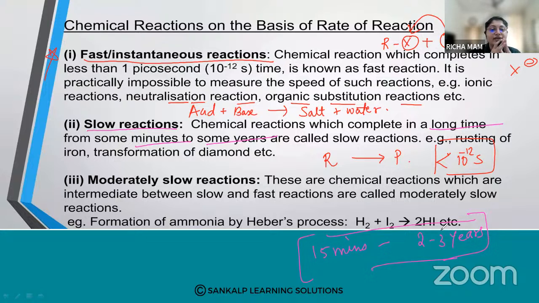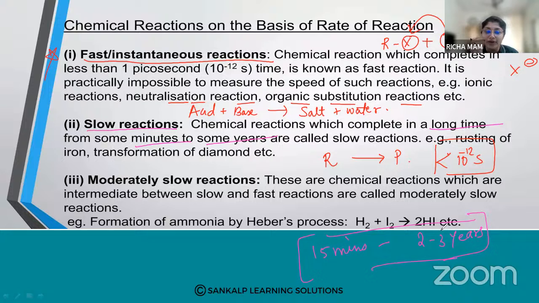The second example I can give you is the transformation of diamond, which takes several years. If you extract diamond, you will not get a shiny surface; it will be very rough. After polishing and undergoing several refining methods, you get the shiny surface of the diamond.